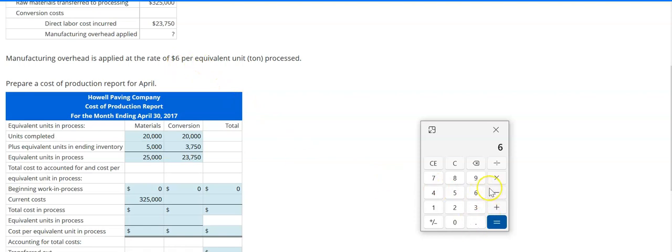So that's where I'm going to start. I'm going to take this $6 and multiply it by these 23,750 equivalent conversion units. Let's see here, 23,750. And that gives me 142.5. Then I'm going to add to that the actual direct labor cost of 23,750. And I get 166,250.